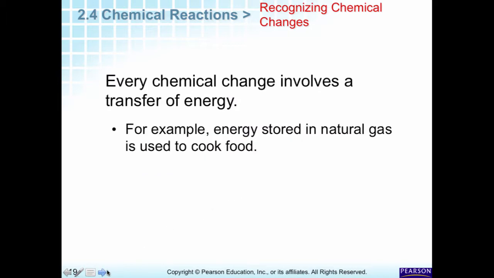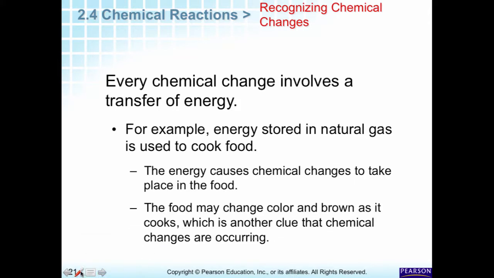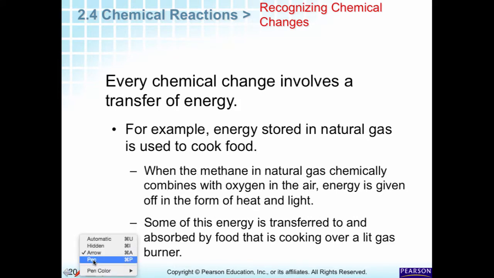So let's think about cooking. When you burn natural gas, it releases energy which is absorbed by the pan and the food. So we have the methane. The methane is what natural gas is made out of. It combines with oxygen, so it burns. Energy is given off in form of heat and light.